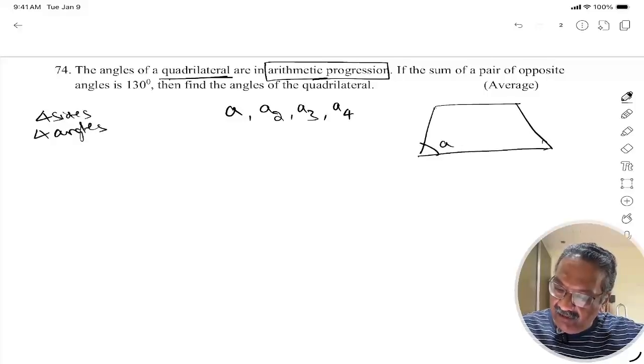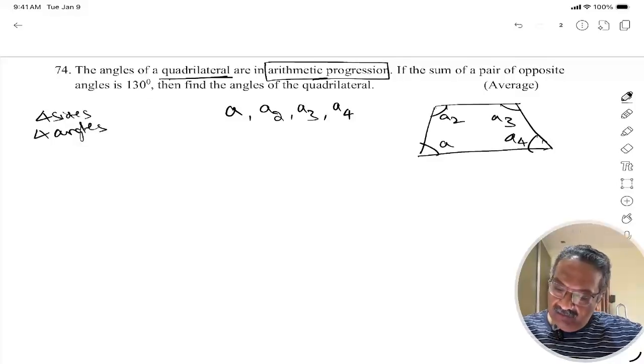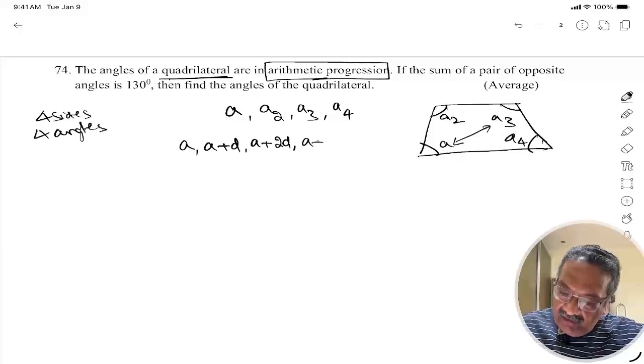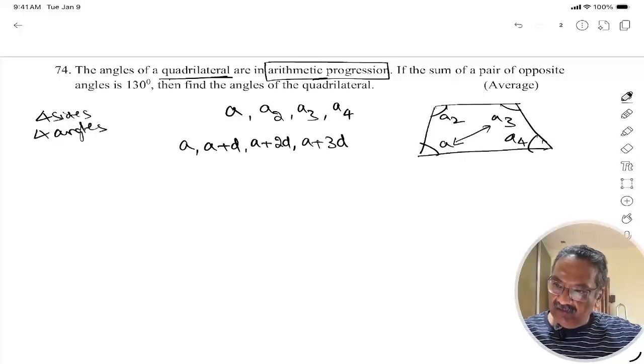We have A, A2, A3, A4. Now he is saying that A and A3. Okay, instead we'll write this in the normal standard form of AP. So the first one will be A, then A plus D, A plus 2D and A plus 3D.